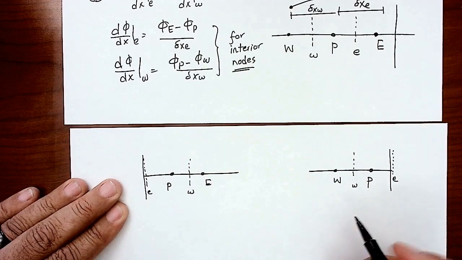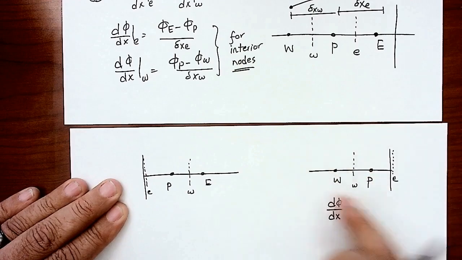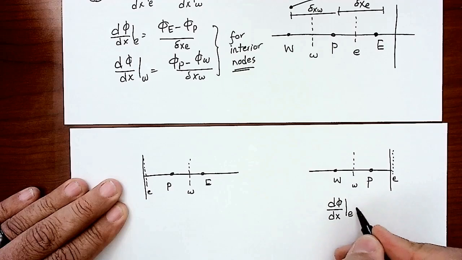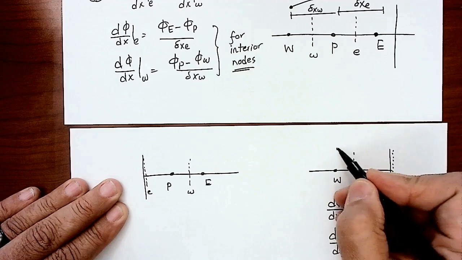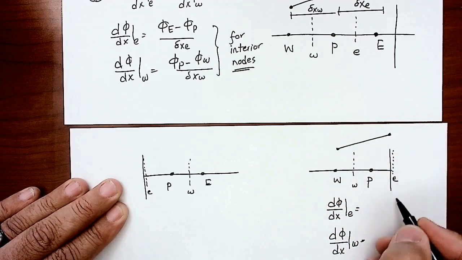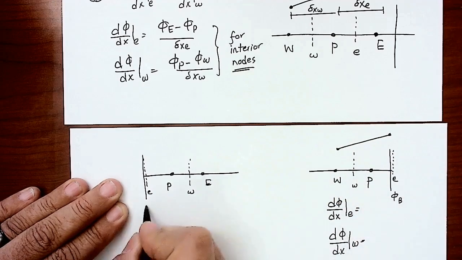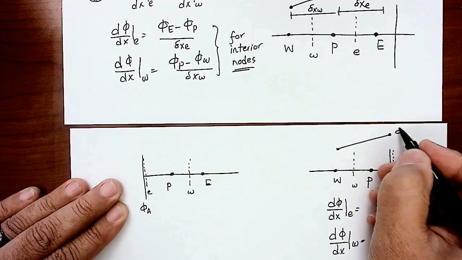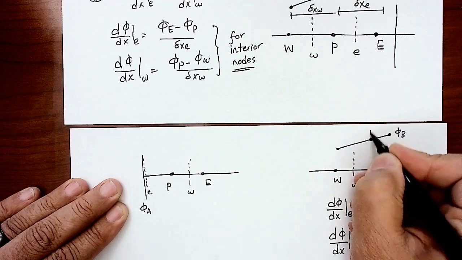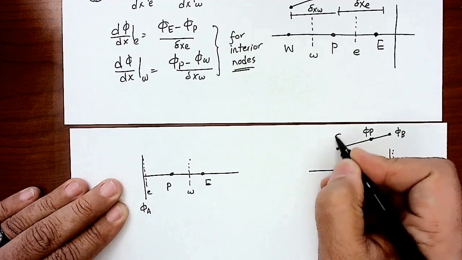Then we're looking for d phi by dx for this case here. I can get it for the east face, and I need to get d phi by dx for the west face. Again, we assume the linear change, and let's call that phi b, and let's call that phi a. So here, this is phi b, this is phi P, and this is phi west.